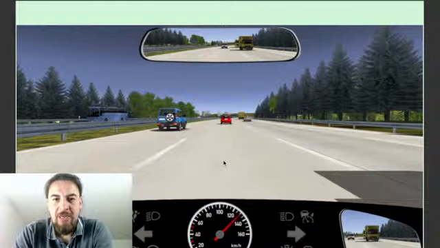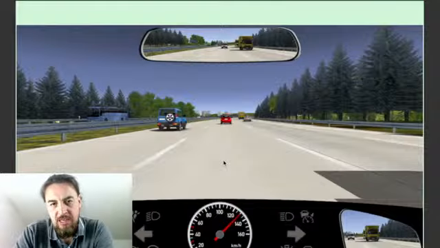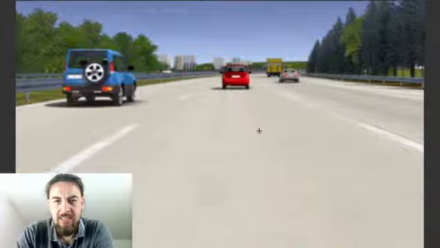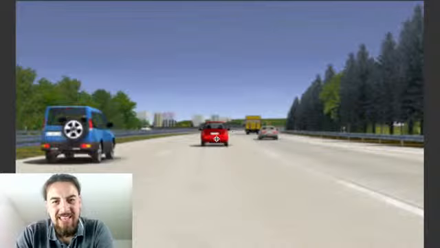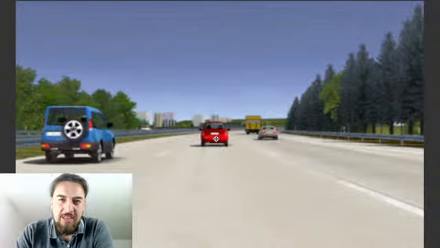So right now he will turn to the left to overtake the yellow car in front of him, or truck. Yeah, this gray car will merge in because he's too fast, and what will happen is that the red car will brake. And if the red car will brake, you have to brake too.